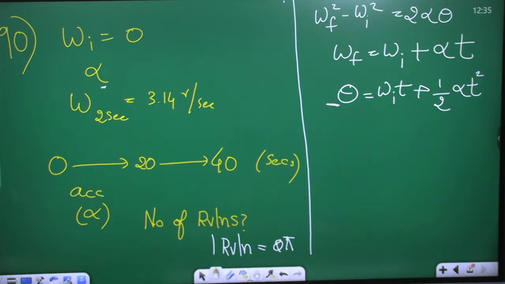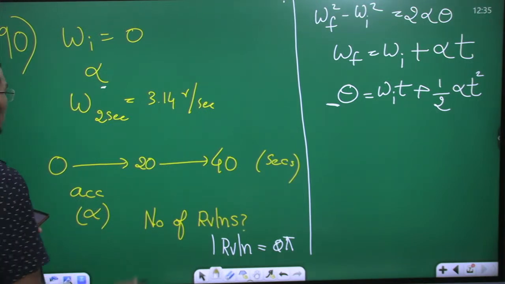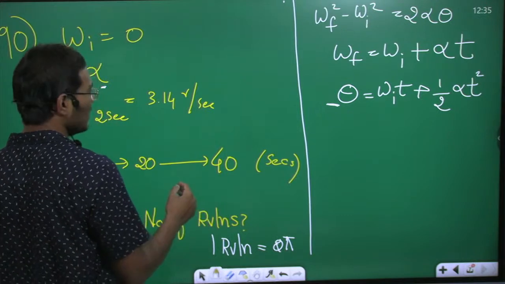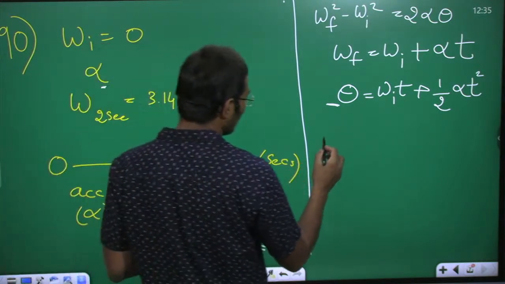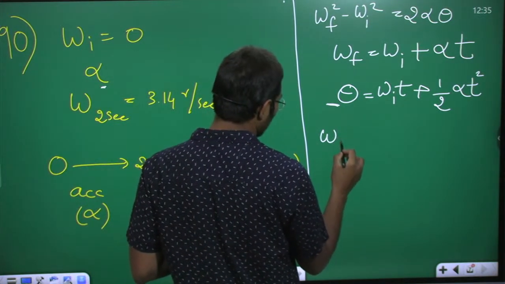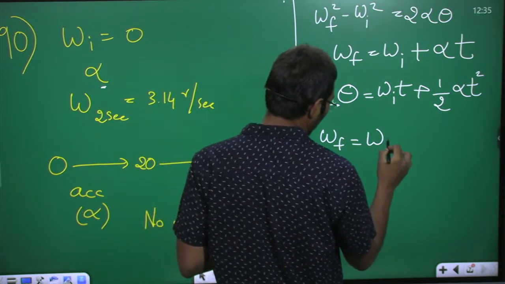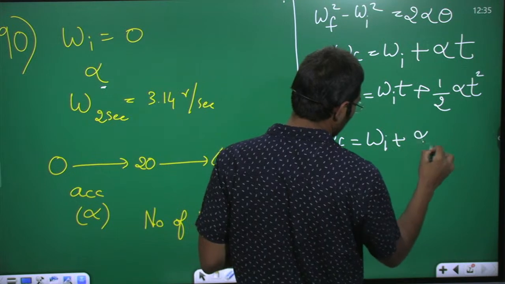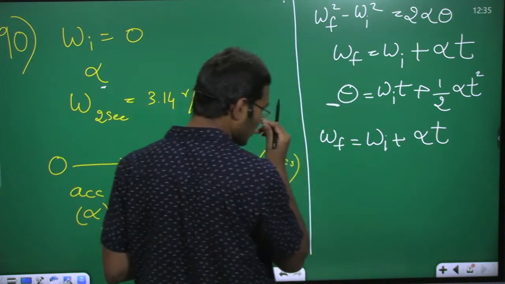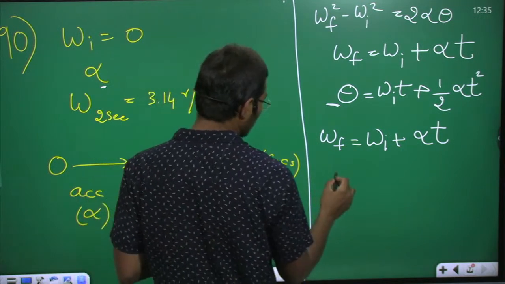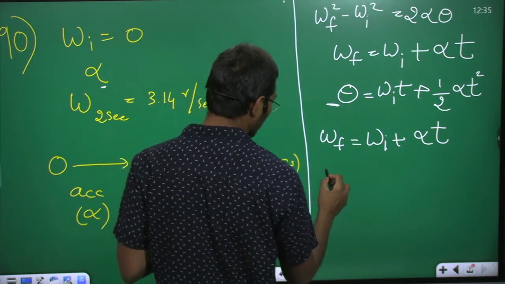First we need to find alpha. Using these two equations, let's find alpha. So omega final, first let us find alpha. What is omega final after 2 seconds? 3.14.